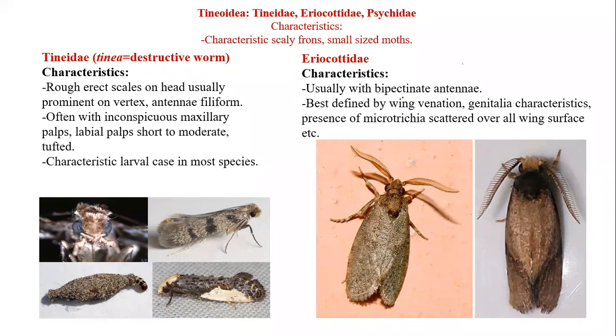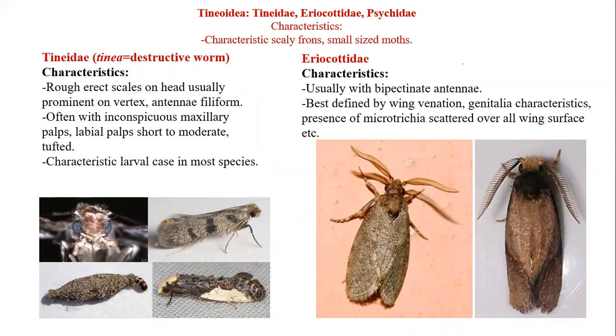However, I am showing some easy features which can be used to at least get an initial idea on their identity. Now, the first family, Tineidae, which is derived from the word tinea, which means destructive worm. We already know that the larvae of this family destroy cloths and textile goods.